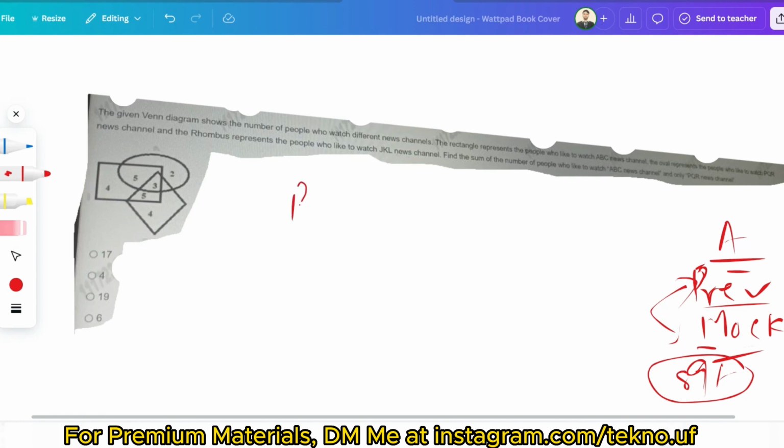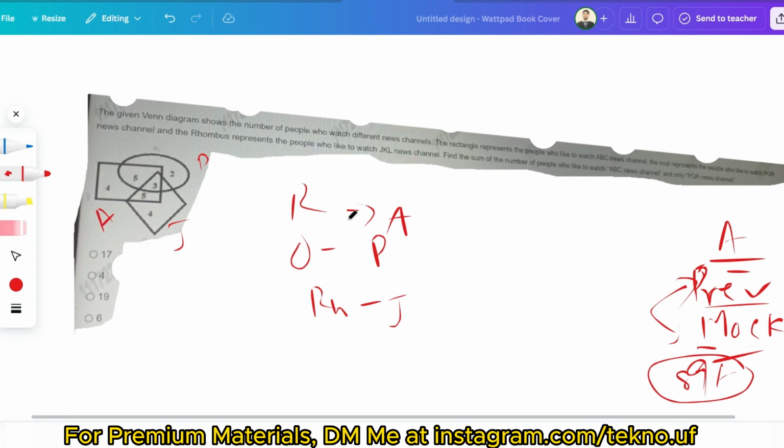So the rectangle represents ABC, the oval represents PQR, and the rhombus represents JKL, right? So this is JKL, the oval is PQR, and the rectangle is ABC.